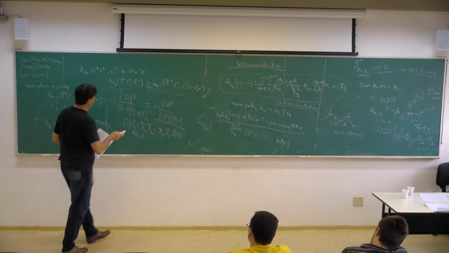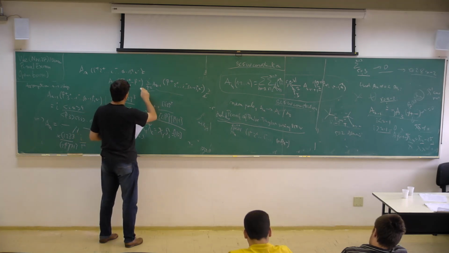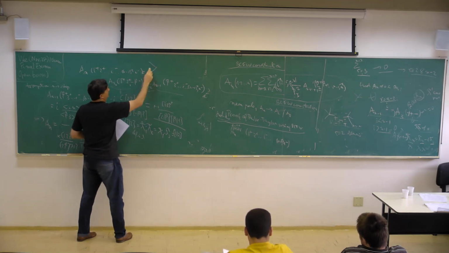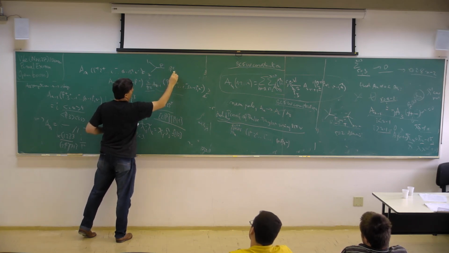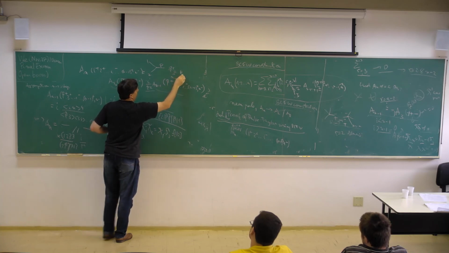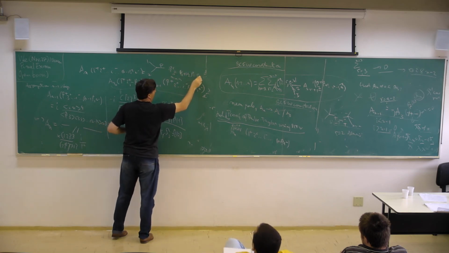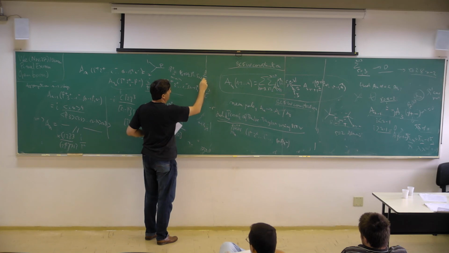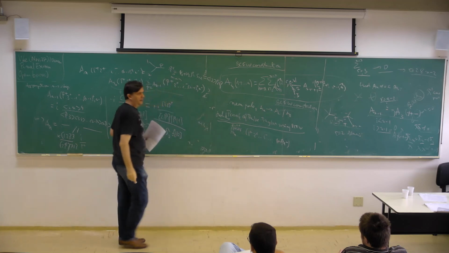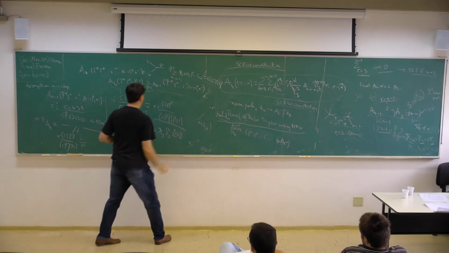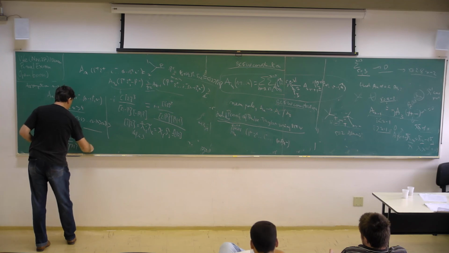Oh yeah, and the point was, of course, that the amplitude in here is for 1, 2 going to p, but then p squared by momentum conservation is equal to k1 plus k2 squared. So that's s12, and s12 by our spinor relation is equal to this product. So I can remove this p squared and say this is 1, 2, 2, 1.